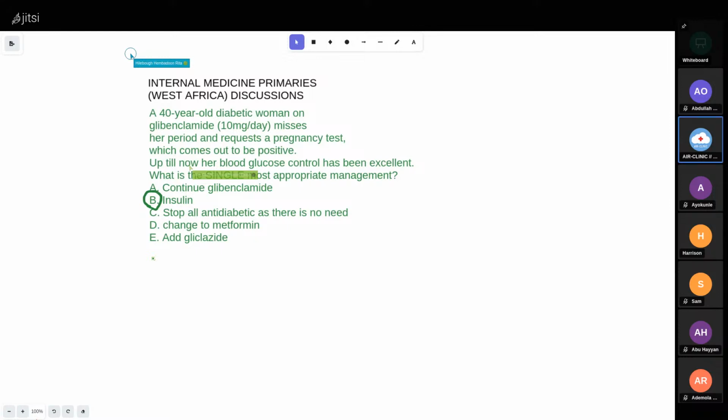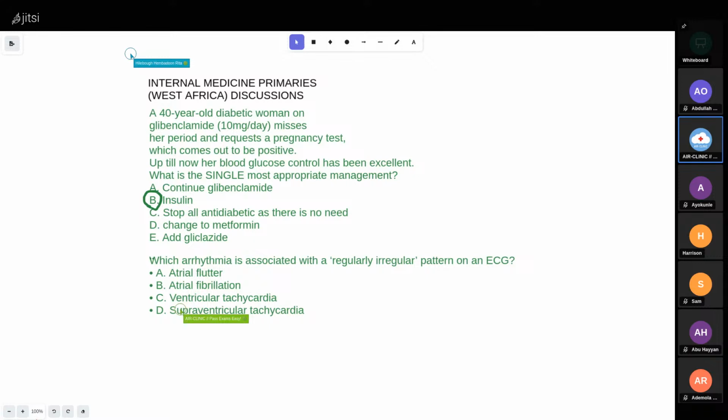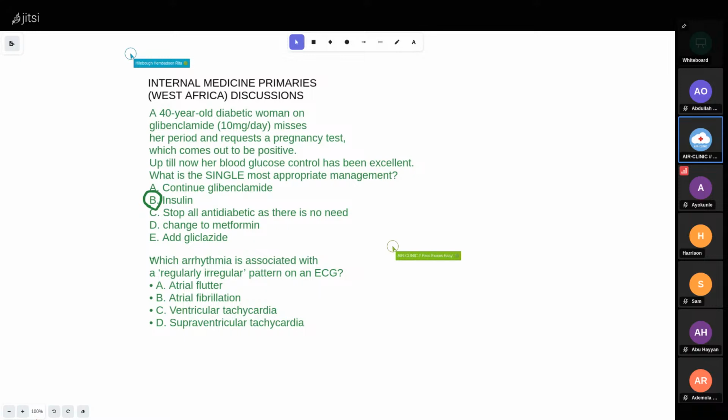All right, so the next one. Which arrhythmia is associated with irregular pattern on ECG? We have atrial flutter, atrial fibrillation, ventricular tachycardia, and supraventricular tachycardia. These are the options.